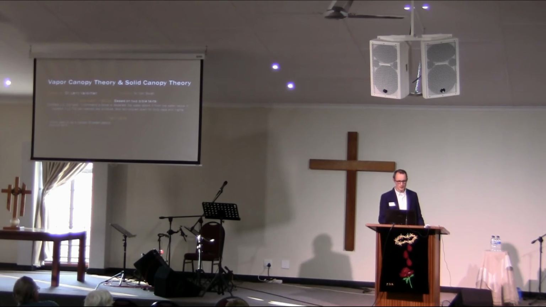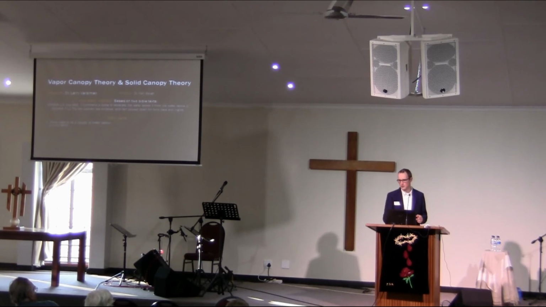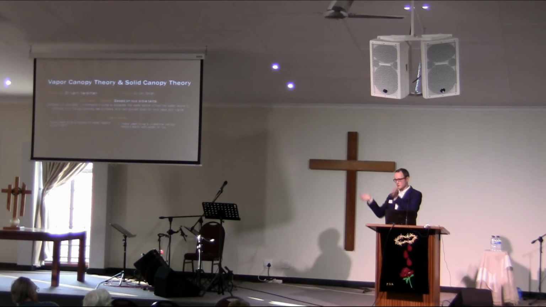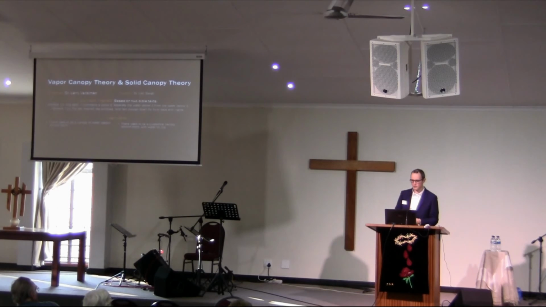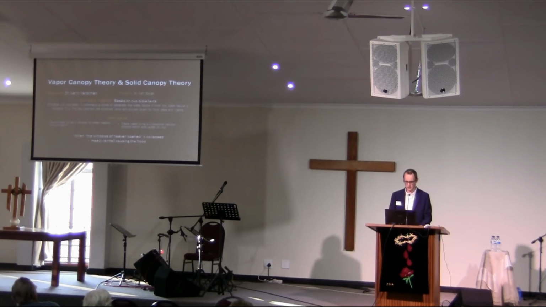They have two different ideas about it. There used to be a canopy of water vapor around the earth. That's one idea. Or there used to be a solid canopy, a spherical construction around the earth with water on top of it. And that collapsed when the windows of heaven opened, causing the rain.